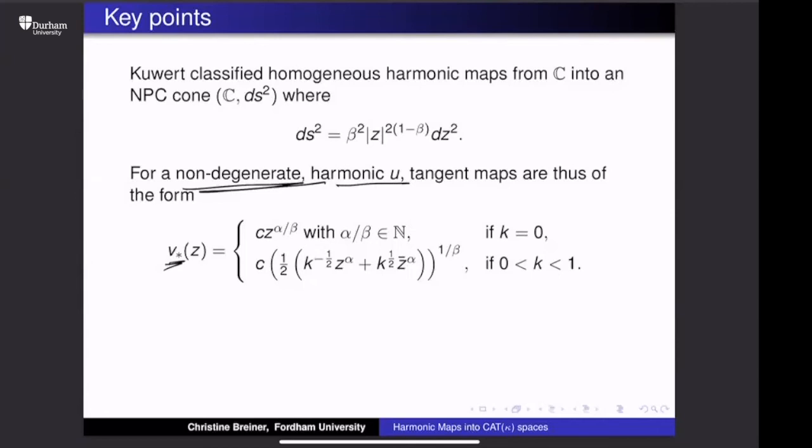It has one of two forms. If it's non-degenerate, either it looks like a constant times z to the alpha over beta, so it looks like z to some power, or it has this form here. If you look at what this does, it kind of wiggles. The circles map to these loops that wiggle symmetrically around the origin.